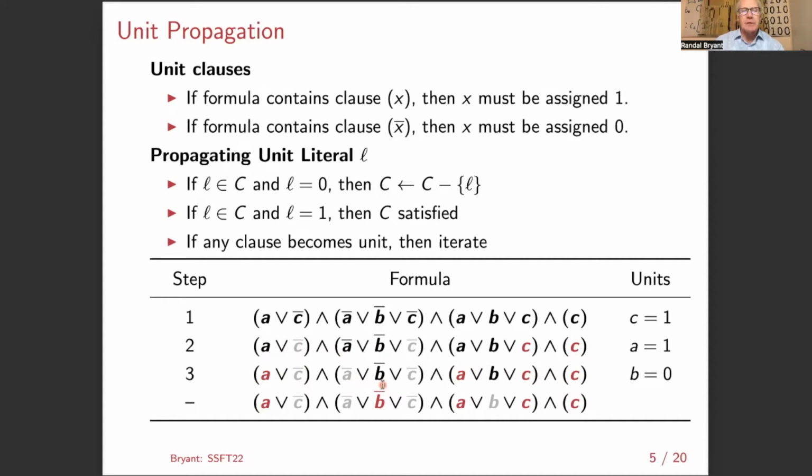So now we have a unit clause here containing B bar, and therefore we must set B to 0. And the result of this is that for the entire formula, we found an assignment, A equals 1, B equals 0, and C equals 1, that will satisfy these clauses, and in fact it will uniquely satisfy these clauses. So unit propagation is a pretty useful trick that we want to apply in part of our searching for a solution.